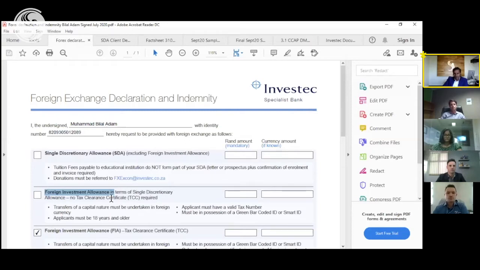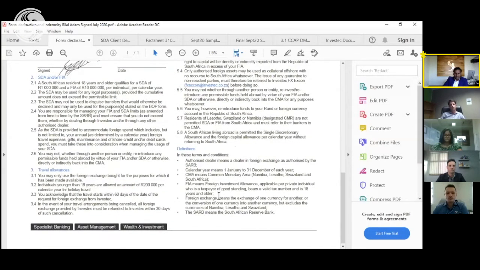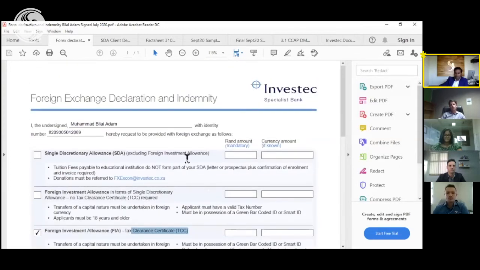Once you've capped that out, then you will tick your FIA, and you'll put your FIA PIN here, because you will have a tax clearance certificate, which hopefully Bruce will help you to get very fast. The fastest I've seen Bruce's team do it is 3 days. The longest was 21 days during lockdown, when SARS took the maximum 21 days, which they're allowed to take.